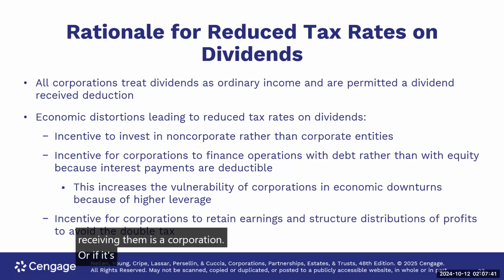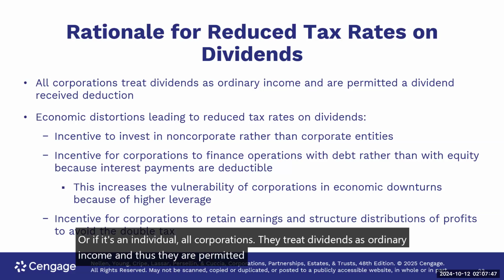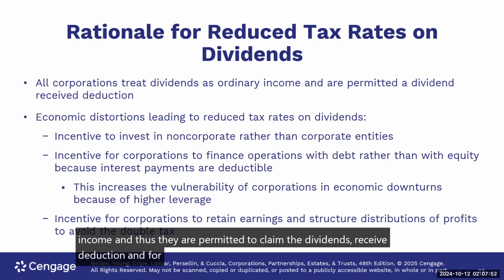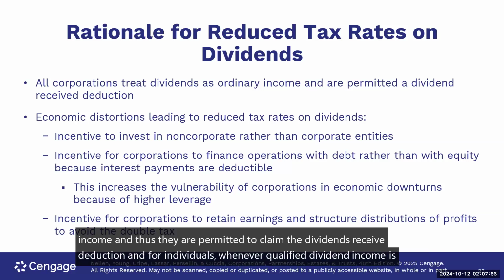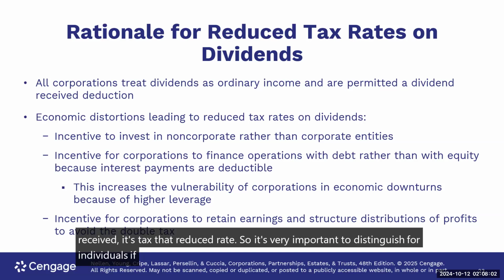All corporations treat dividends as ordinary income, and thus they are permitted to claim the dividends received deduction. And for individuals, whenever qualified dividend income is received, it's taxed at a reduced rate. So it's very important to distinguish for individuals if it is ordinary dividends or qualified dividends.